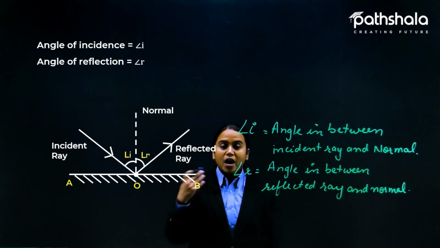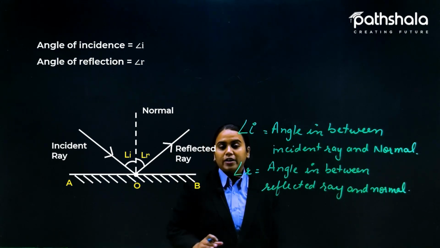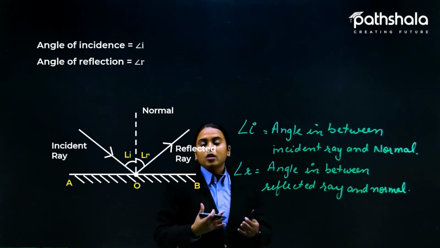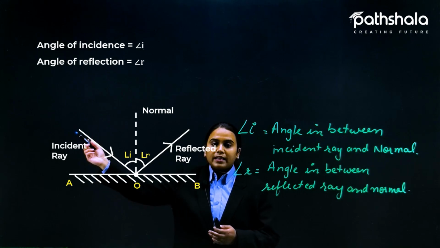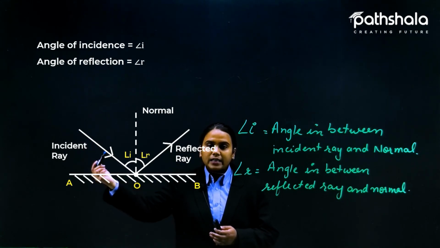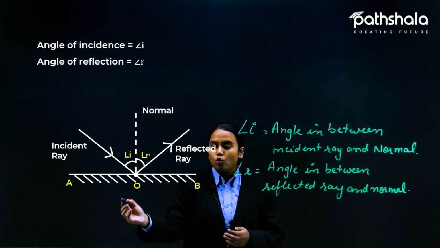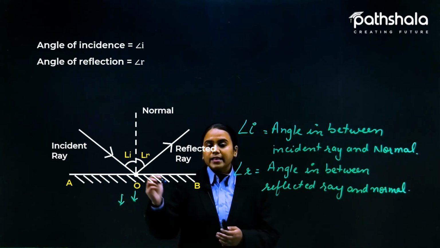So you have to know what the angle of incidence and the angle of reflection are, because these are going to be used in the laws of reflection. As you can see in this part, the incident ray is coming and striking on the surface, and this point O is known as the point of incidence.